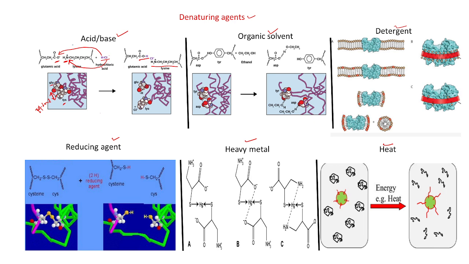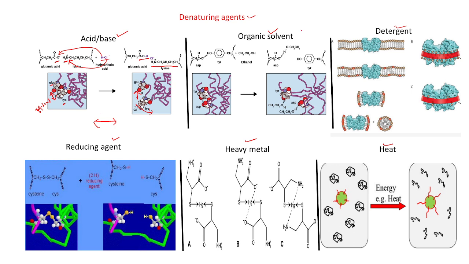So once the HCl is released, it protonates the glutamic acid and deprotonates the lysine, so that the lysine and the glutamate are separated. So it denatures the protein by protonation and deprotonation of the amino acids.